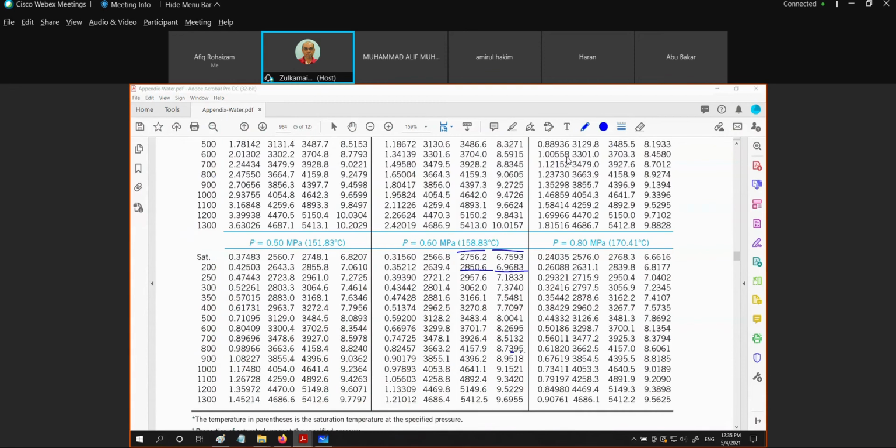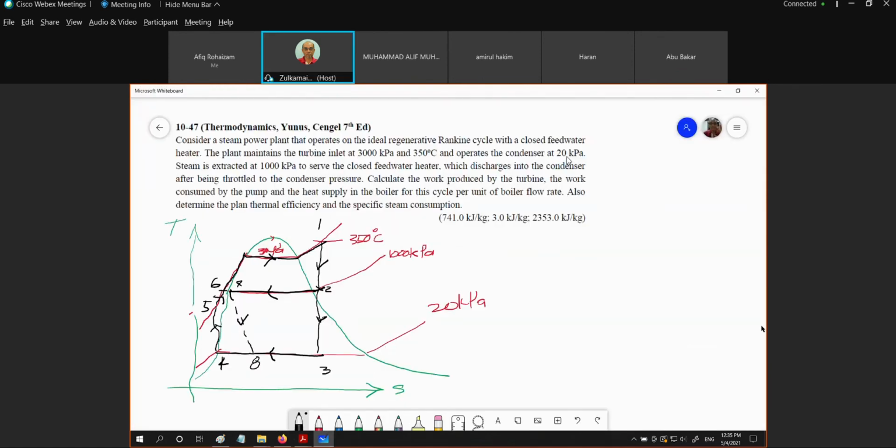So now let us prove 2 and 3. What we need is to get the enthalpy of state 1, based on P1, which is equal to 3000 kPa, and T1 equal to 350 degrees C. So what state is that?